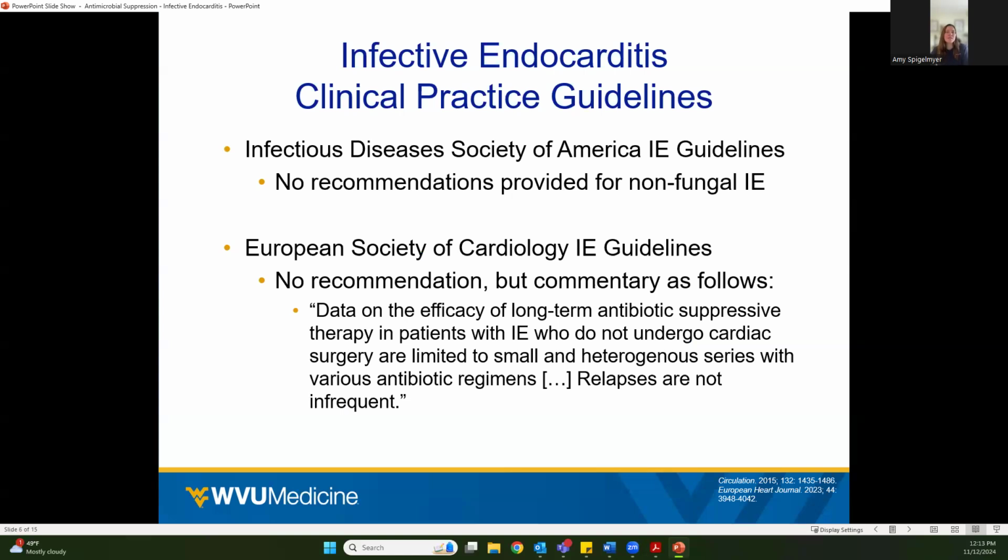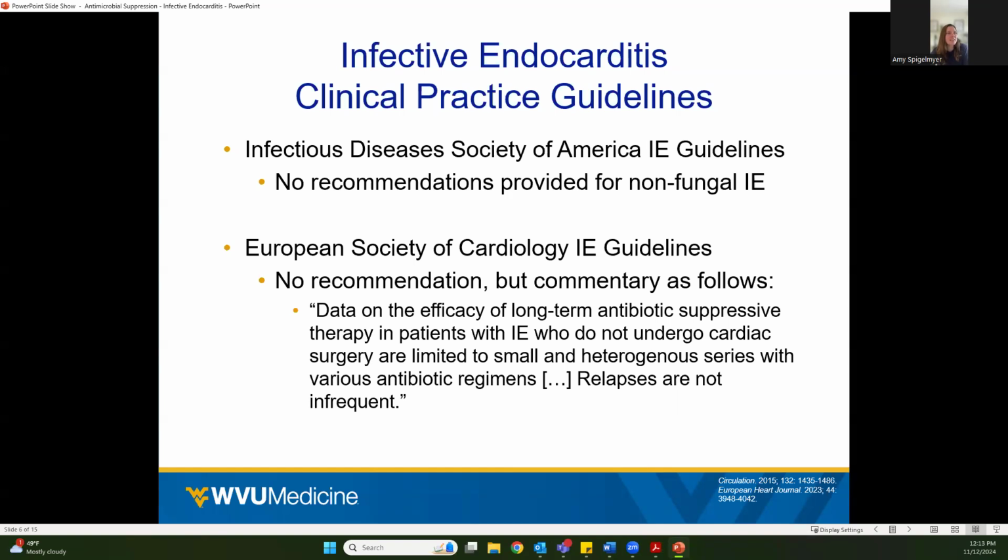And then the European Society of Cardiology infective endocarditis guidelines make no recommendation for bacterial endocarditis, but they do offer the following commentary, which states that data on the efficacy of long-term antimicrobial suppression in patients with infective endocarditis who do not undergo cardiac surgery are limited to small and heterogeneous series with various antibiotic regimens, and relapses are not infrequent. So they don't really provide a recommendation, but state that there is limited literature out there, and the clinical implications of the literature is not very strong or very clear.